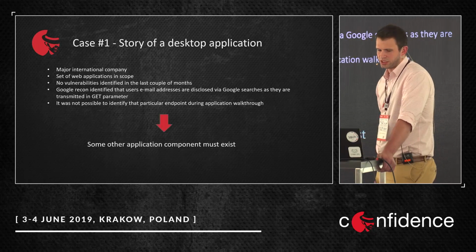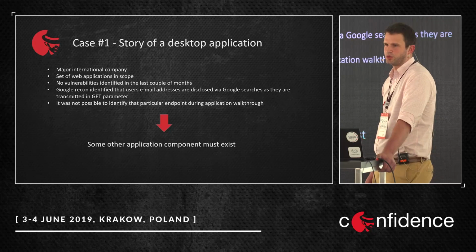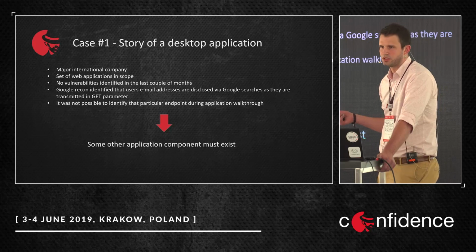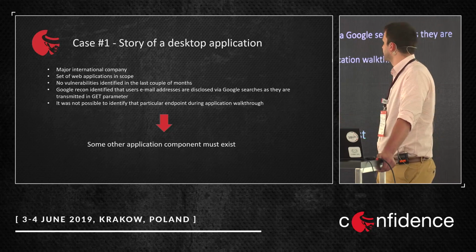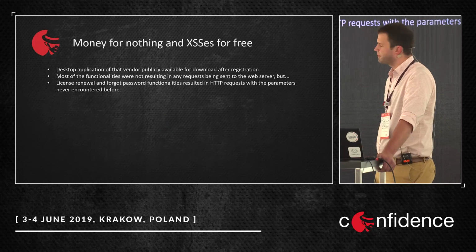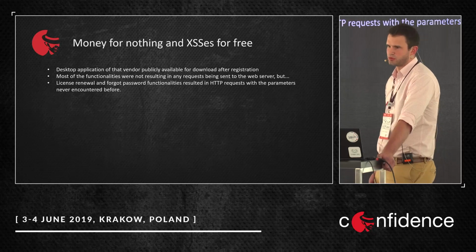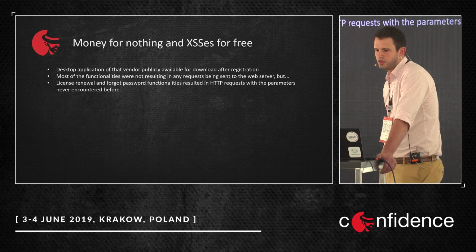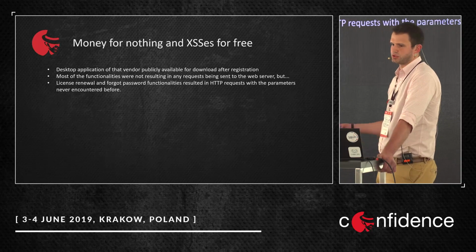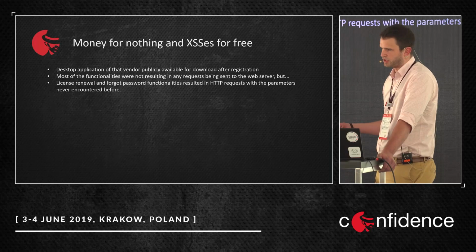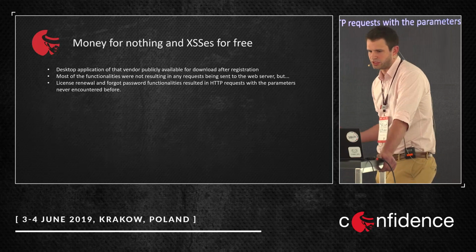So I thought that maybe there is some other component or application which sends that kind of request to the web server, and so it has to be somewhere. And actually, that was correct, because there was a desktop application which could be downloaded from the web page of that vendor. You just need to register, and you were able to download that application, a thick client desktop application.